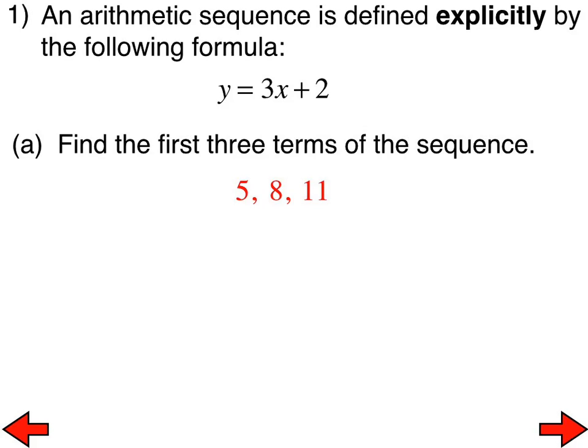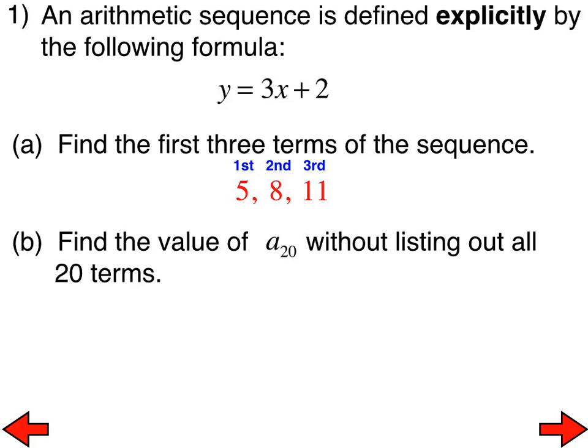The second term, by substituting 2 in for x, is 8. The third term, by substituting 3 in for x, we get 11. And you can see we are adding 3 on to each term to find the next term, which of course comes from the slope.